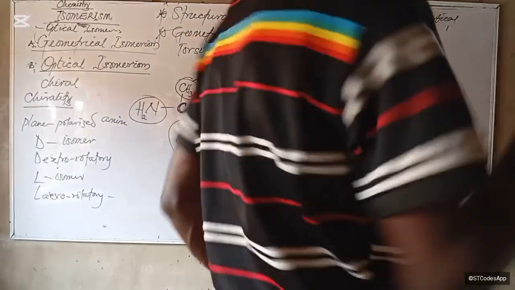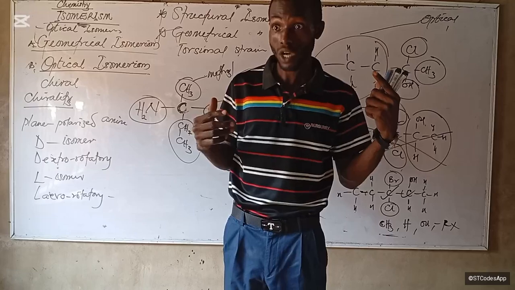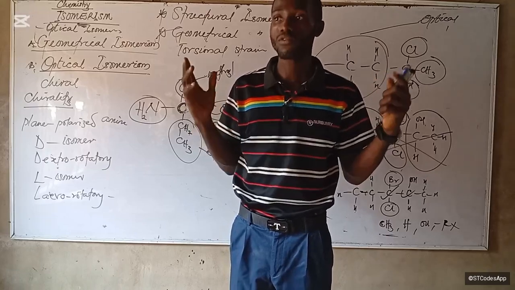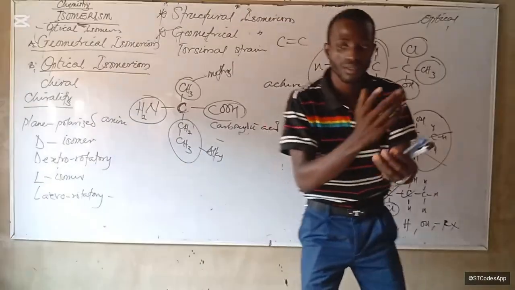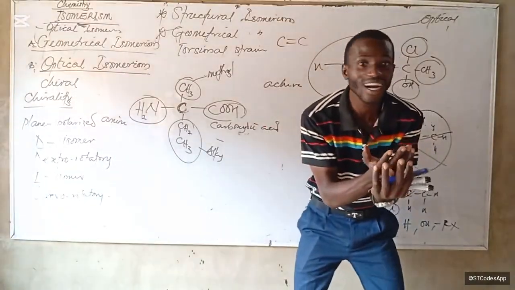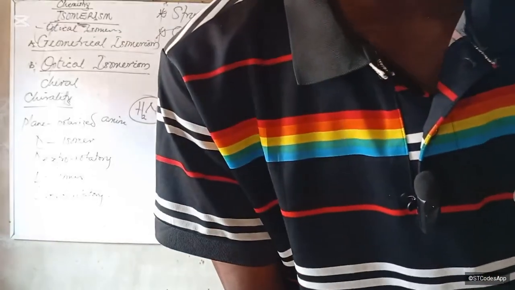It's still the right hand, but now on your left side. Do you understand now? Who is confused? So we call them mirror images. They are non-superimposable. They are what?